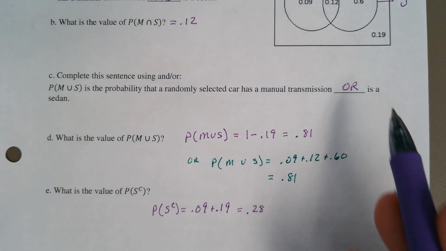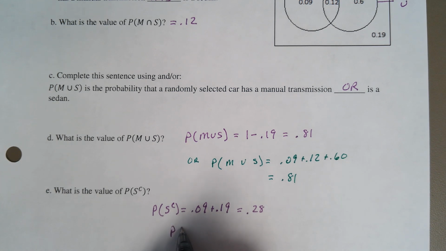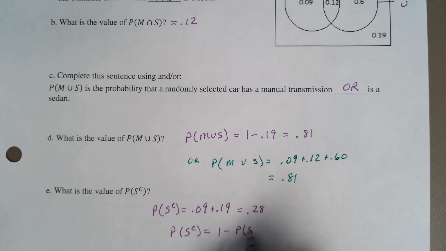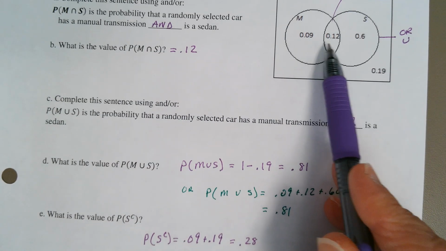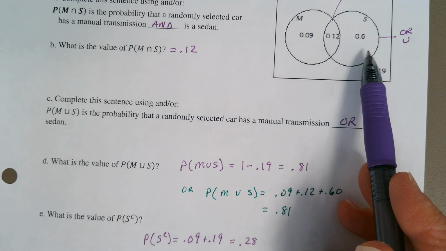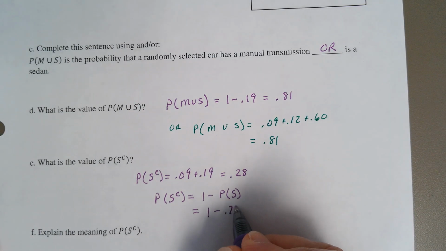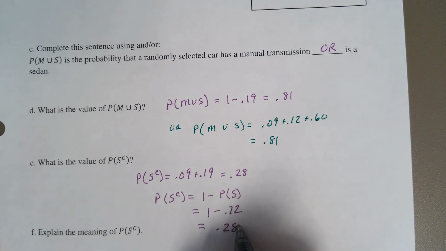Which can also be gotten by probability of S complement would equal 1 minus the probability of S, which would be 1 minus 0.12 plus 0.60 is 0.72, which again is the 0.28.